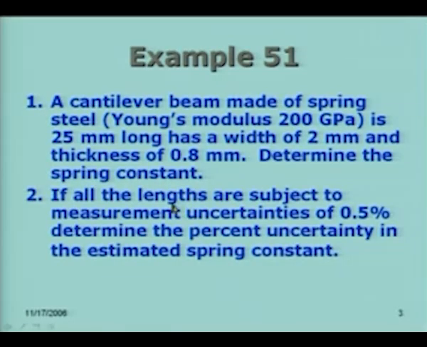It is 25 millimeters long, has a width of 2 millimeters, and a thickness of 0.8 millimeters. We want to determine the spring constant for this particular case. The second part of the question says that if all the lengths are subjected to measurement uncertainties of 0.5%, we want to determine the percent uncertainty in the estimated spring constant.